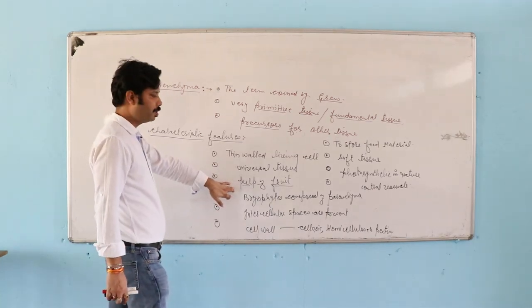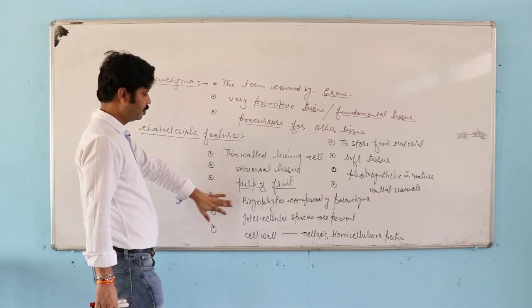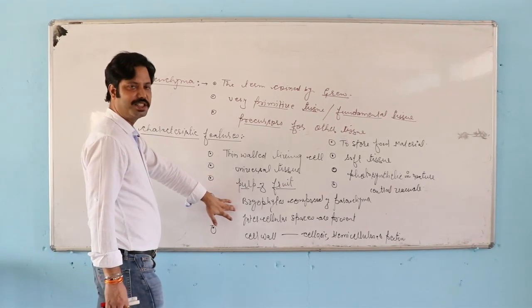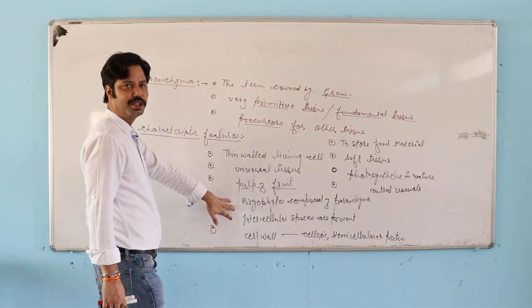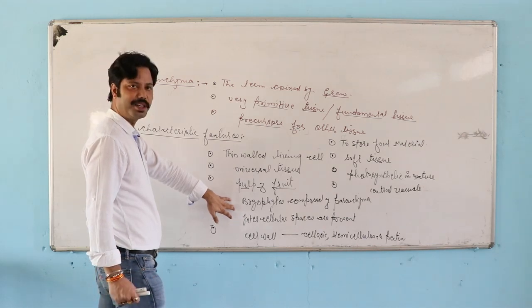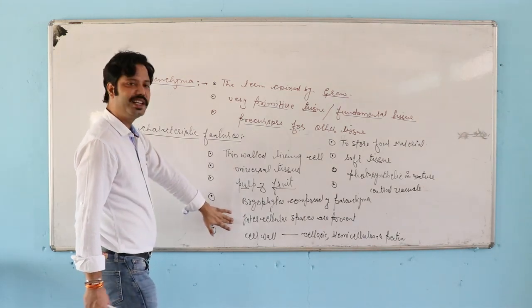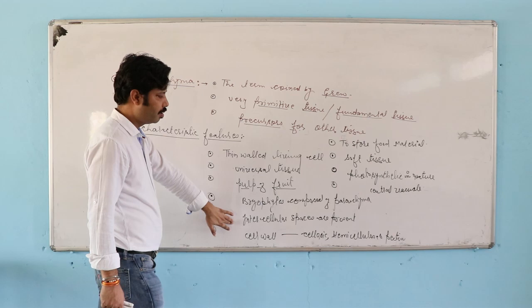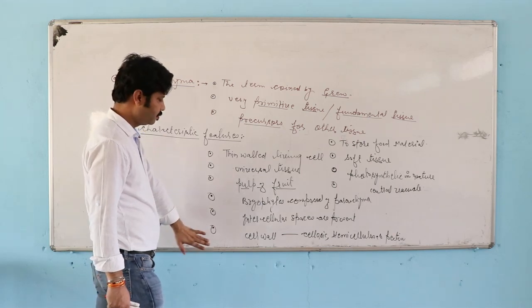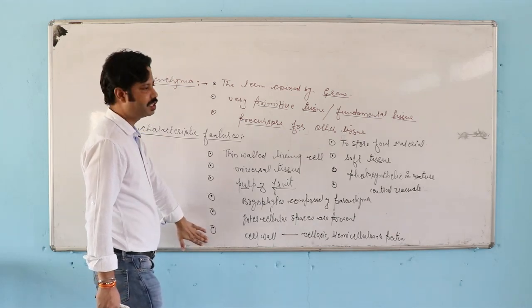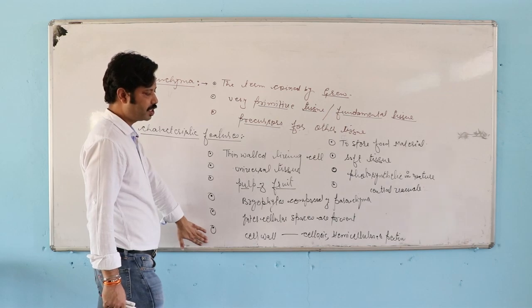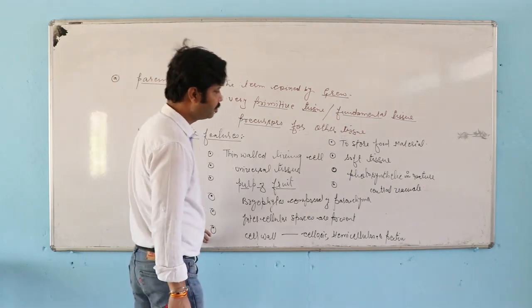These are present in the pulp of the fruit, and mainly in bryophytes such as Riccia and Marchantia. The whole body is made up of parenchymatous cells. Intercellular spaces are present. Basically, the cell wall is cellulosic, hemicellulose and pectin.